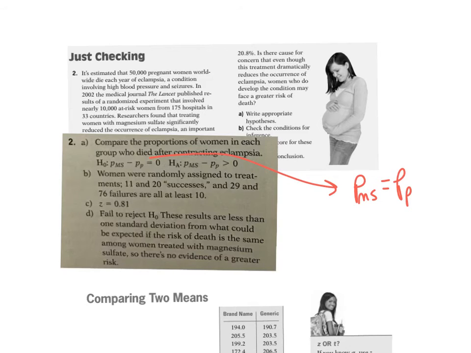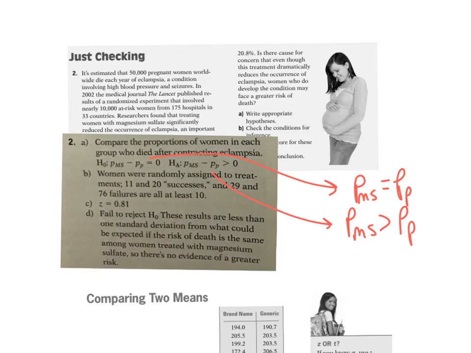Again, if the alternate makes more sense as well to just add both sides, you could do the proportion of the magnesium sulfate is greater than the proportion of the placebo.